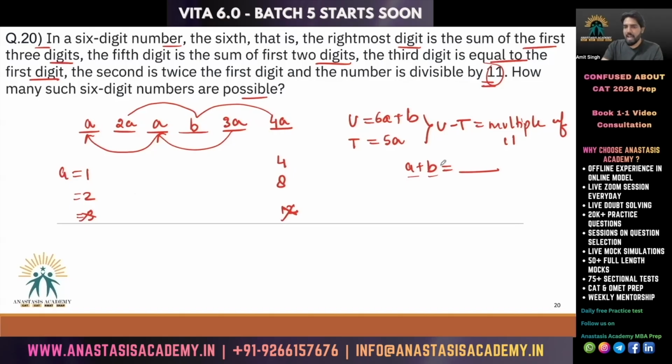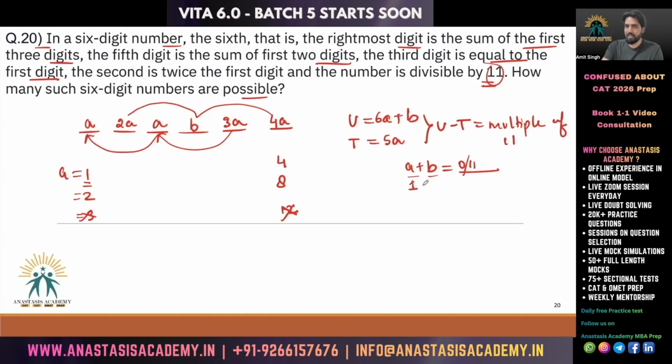Now I have to add these two digits to get a multiple of 11, right? Either it could be 0, but I cannot make the sum of digits 0 because a is only 1 or 2, right? So I cannot make it 0. Can I make it 11? Yes.